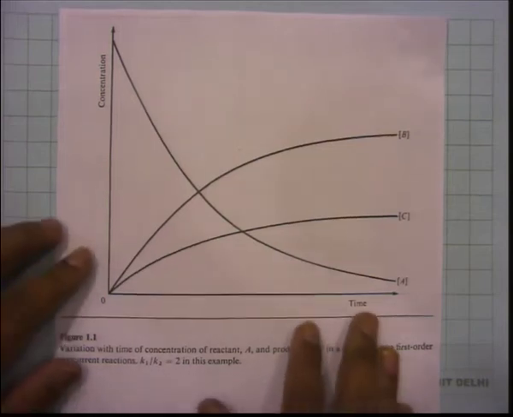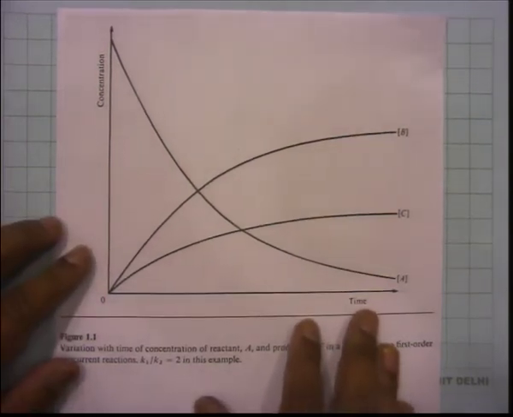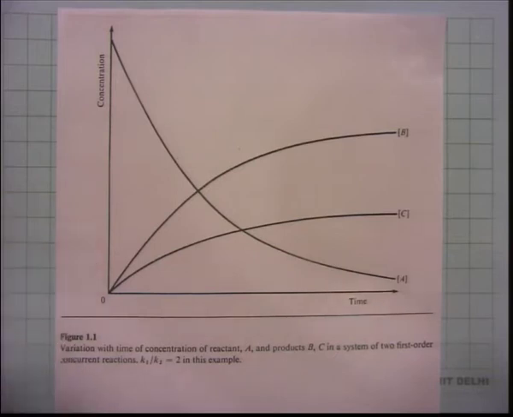I think this is the same situation, A going to B, A going to C, and it is essentially those equations. What you see here on the plot are these curves for A, B and C based on the equations which you have just now written down, same thing.